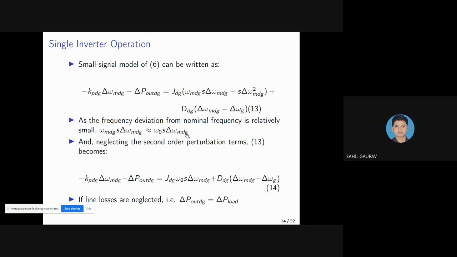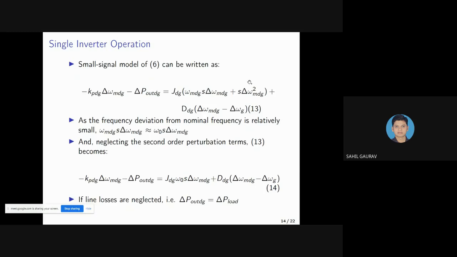And since the frequency deviation from the nominal frequency is relatively small, we can approximate omega m DG as omega naught, so delta omega m DG is approximated as omega naught delta omega m DG. Further, we also neglect the second order perturbation terms, and equation 13 can be simplified as equation 14.